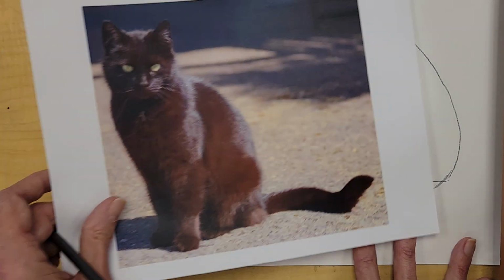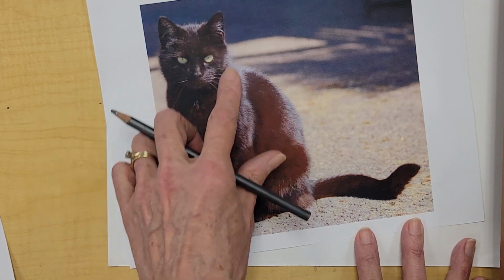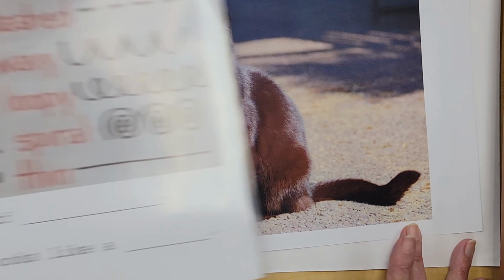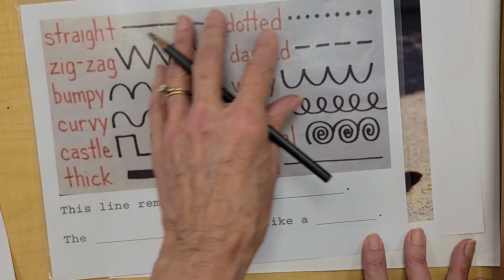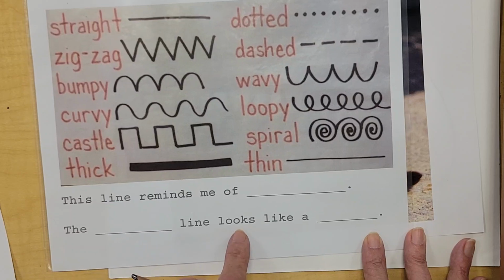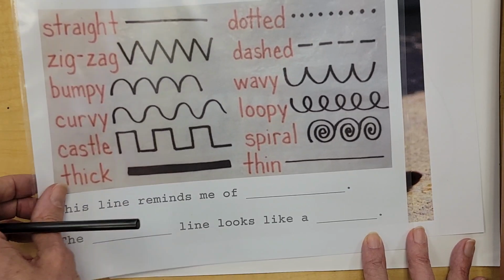And I can also look at the different kinds of lines I see for the different textures. Remember last week, we spent a lot of time looking at different lines and what those lines reminded us of and what they made us think of.